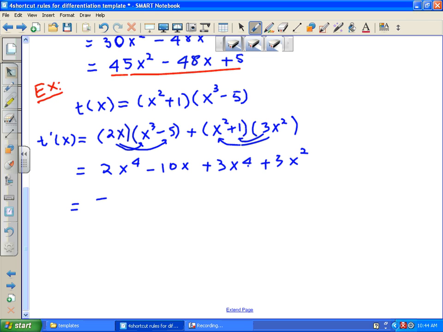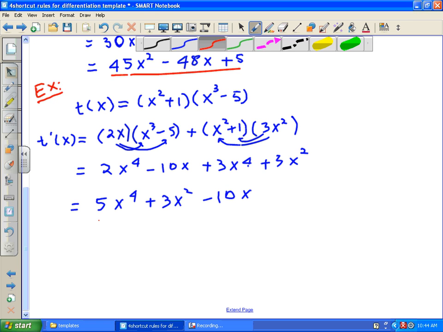So it looks like I have 5x to the 4 plus 3x squared minus 10x. Okay. Any questions about applying the product rule?